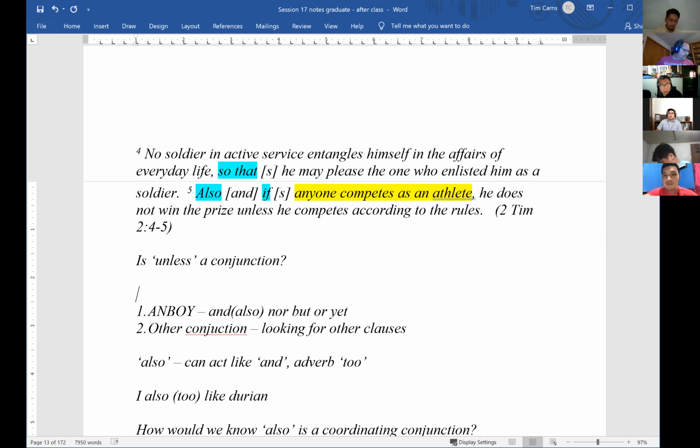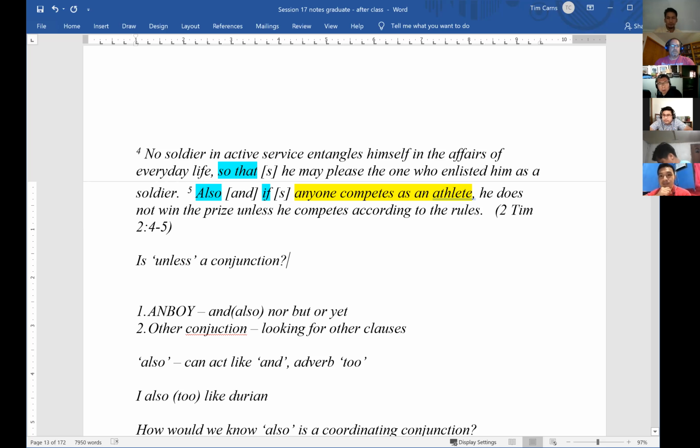Even before translation, just with the English text here, what could we do to identify the clause, whether it is dependent or independent?